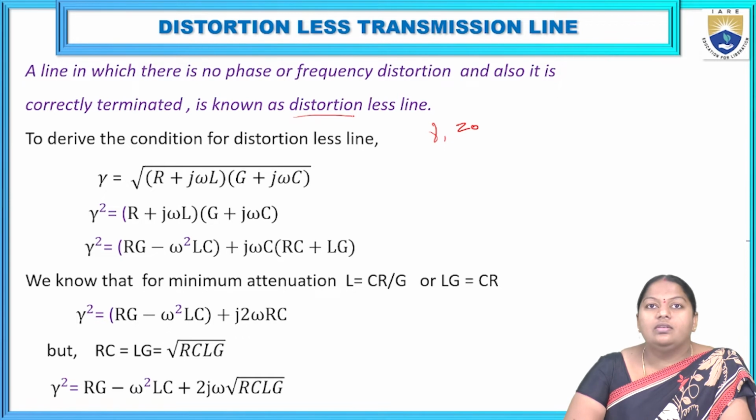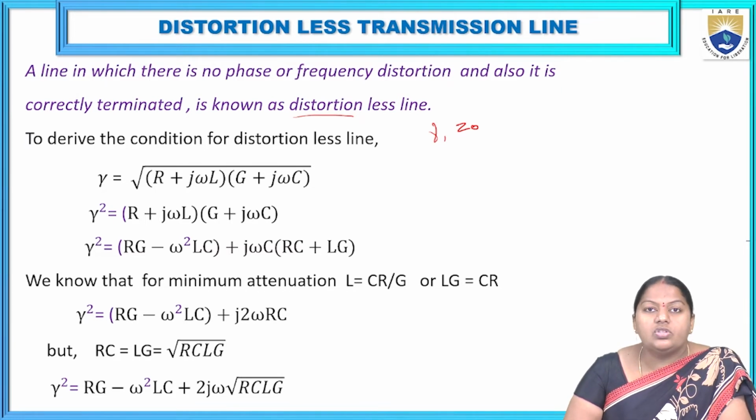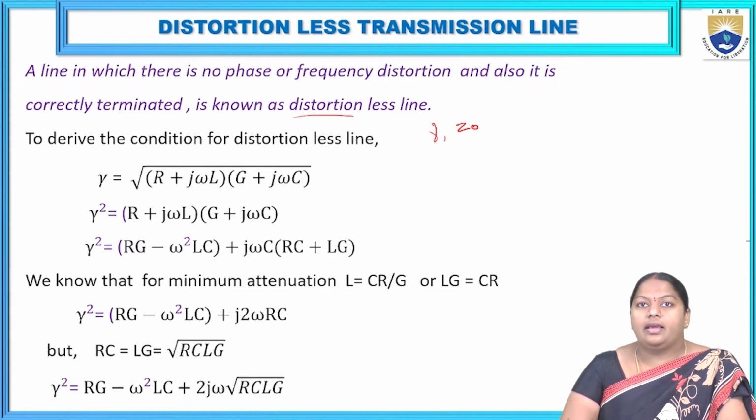So what do we mean by distortionless transmission? It is a transmission line in which there is no phase or frequency distortion and which is also properly terminated.